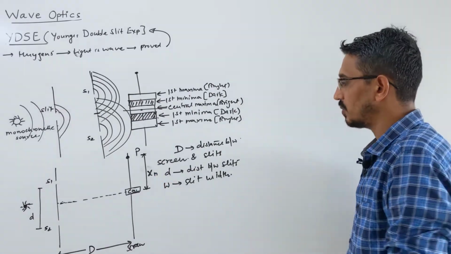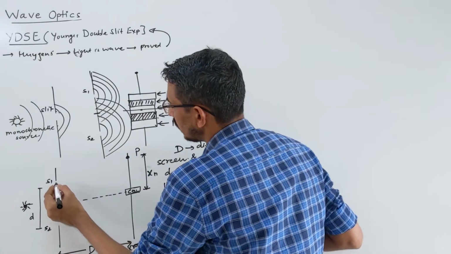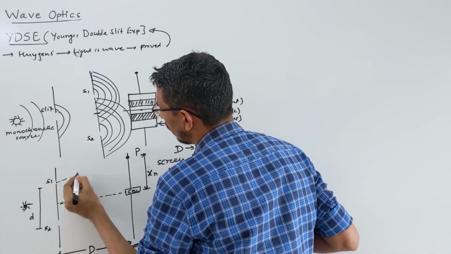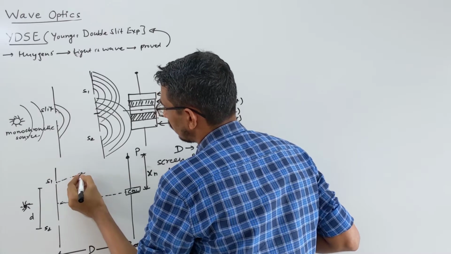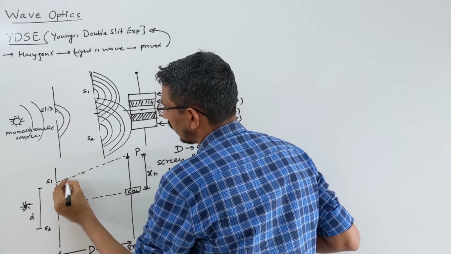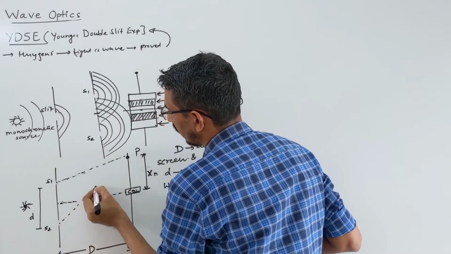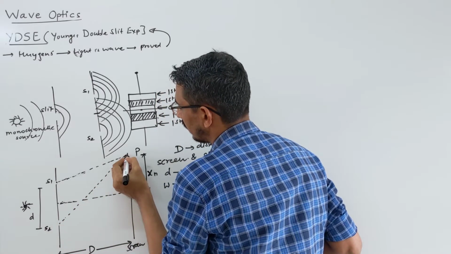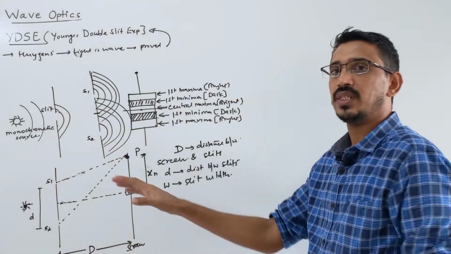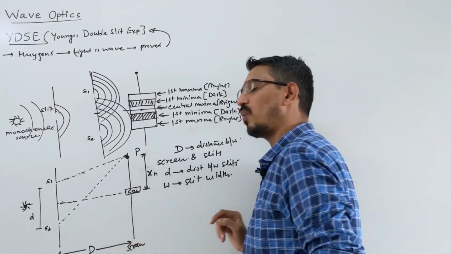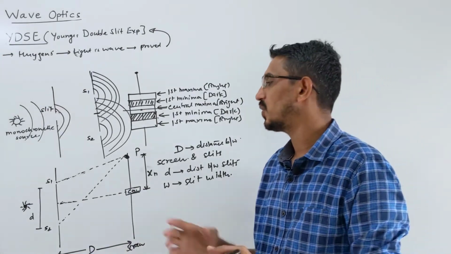Let's draw some geometry. Suppose one radiation coming from this source comes to the point this way, and one wave coming from here like that. They are meeting here. So there is a phase difference here. You know why this central fringe is always bright: because there is no phase difference.